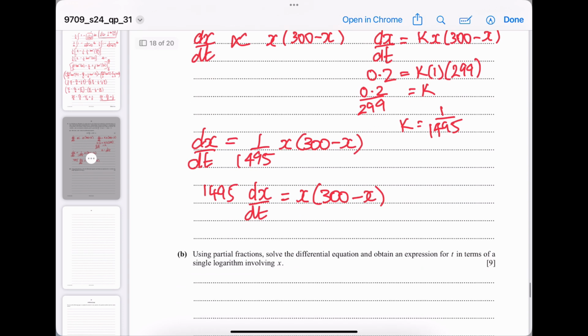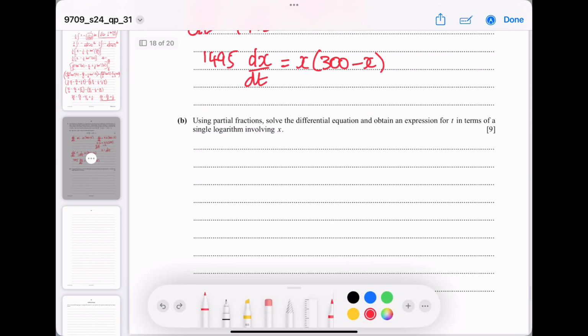So we get the integral of 1 over x (300 minus x) dx on one side, equal to the integral of 1 over 1495 dt on the other.